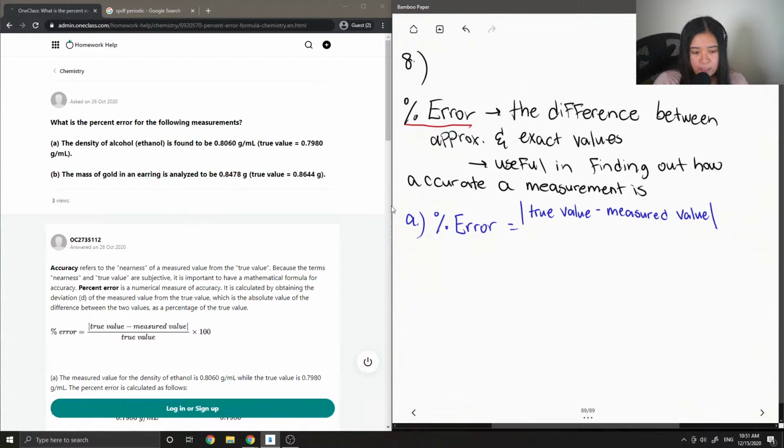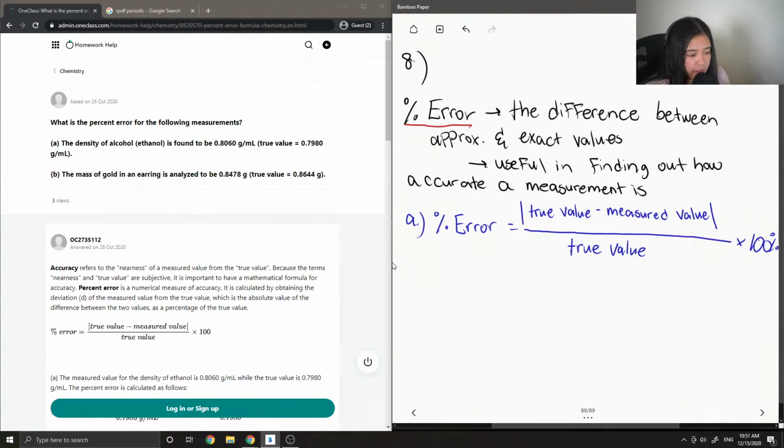So when you have the true value minus the measured value, if it's a negative number, we are only interested in the positive number. That's what those two bars mean. Even if the number is negative, we will take the positive value. So this absolute value difference is divided by the true value, and the whole thing is multiplied by 100%.